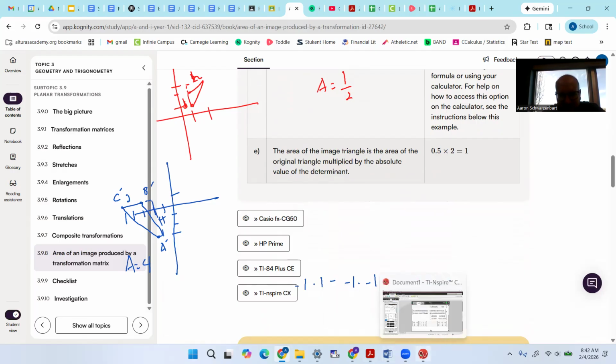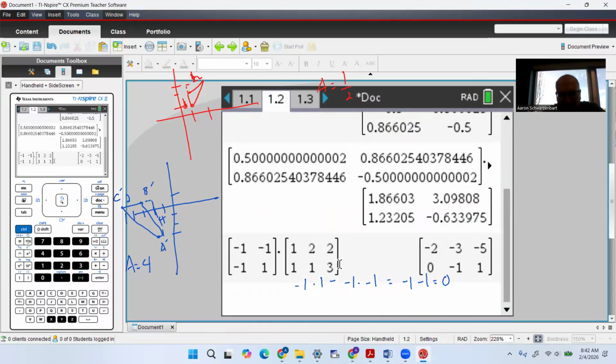What went wrong in the calculator? This was supposed to be 1, 2. Okay, well, I guess when you type in the points wrong to the calculator, you get a wrong image, and thus a wrong area for it.